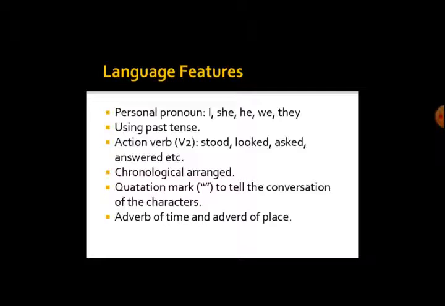The next is action verb, and because it use past tense, so the action verb is in form of verb 2, like stood, looked, asked, answered, and etc. The fourth language features is chronological arrange.